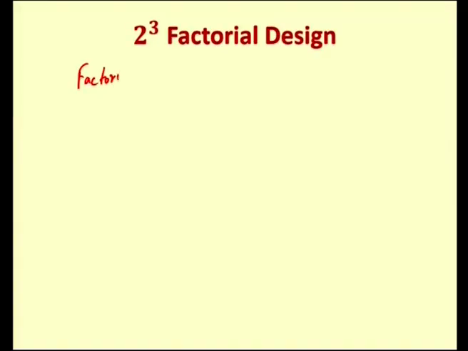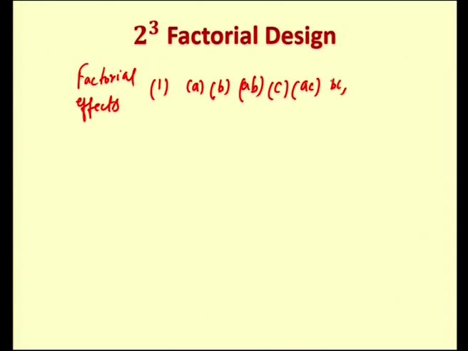So, in the table we have the factorial effects and the different means as 1, A, B, interaction at the first level AB, C, AC, BC and ABC, the second level interaction, and finally we have the divisor.